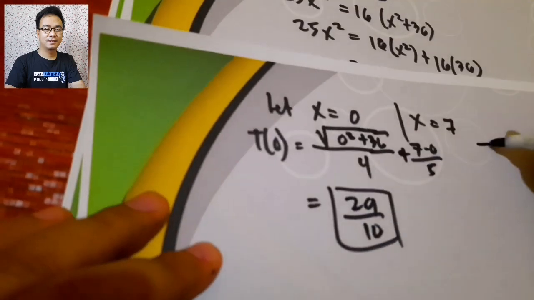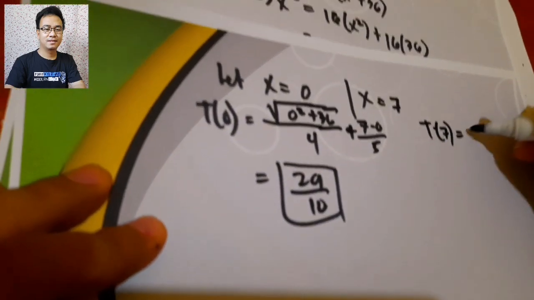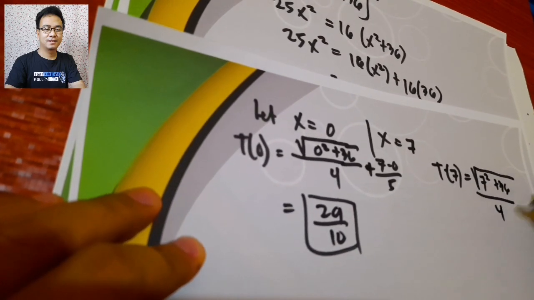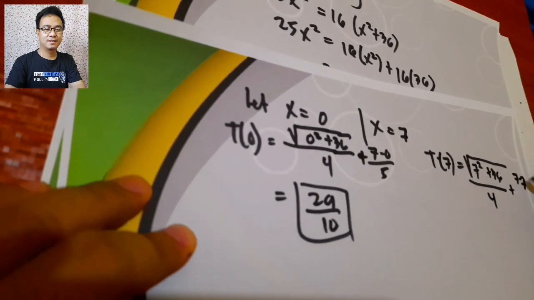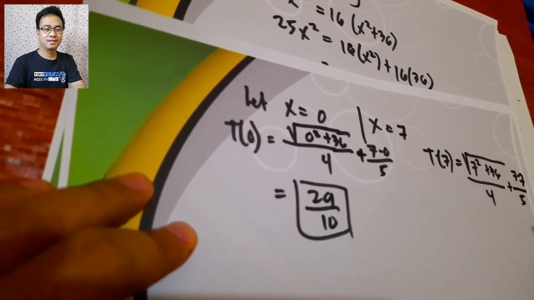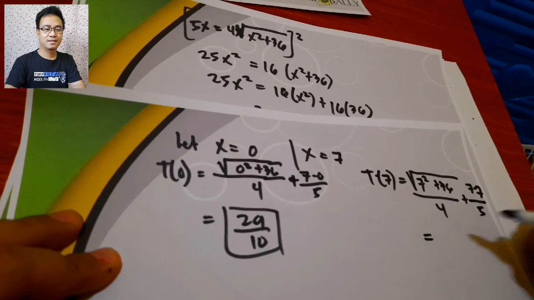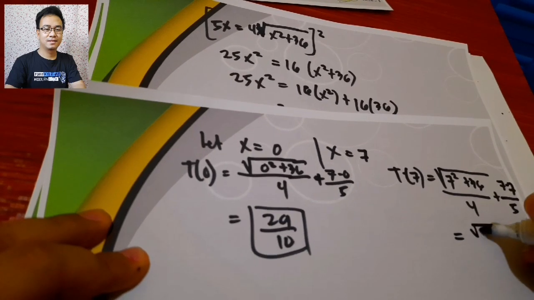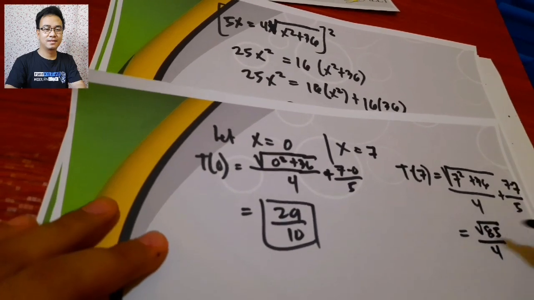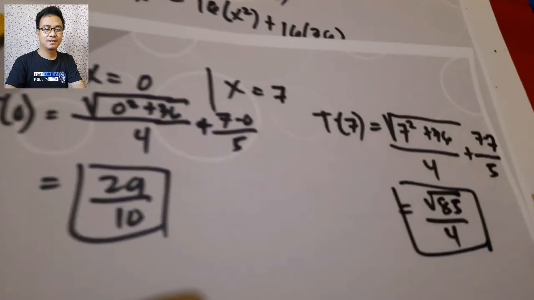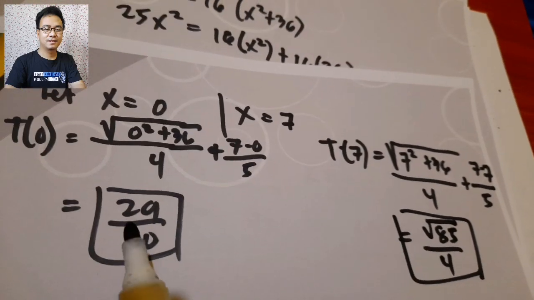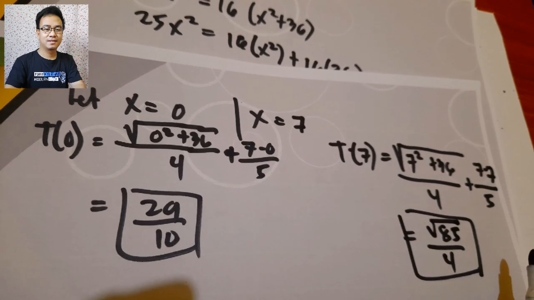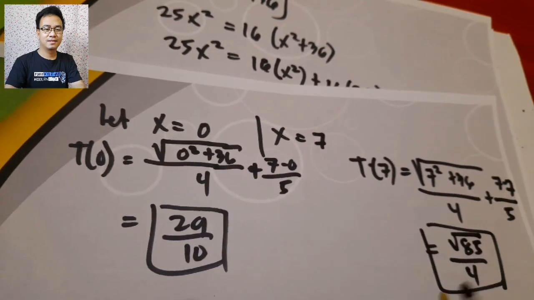And for this one, t of 7 equals square root of 7 squared plus 36 over 4 plus 7 minus 7 over 5. Doing some calculations, this will give us square root of 85 over 4. So 29 over 10 and square root of 85 over 4 are the extrema.